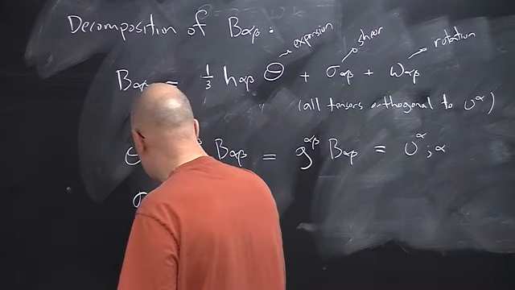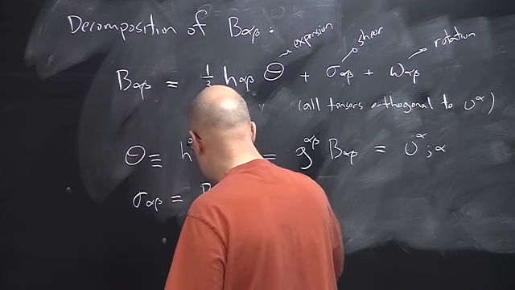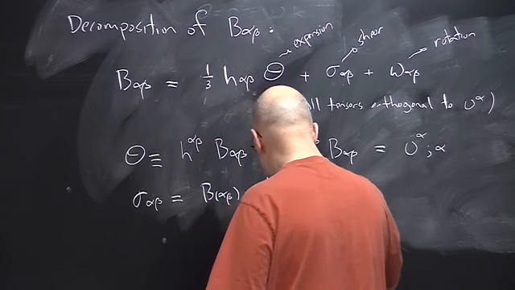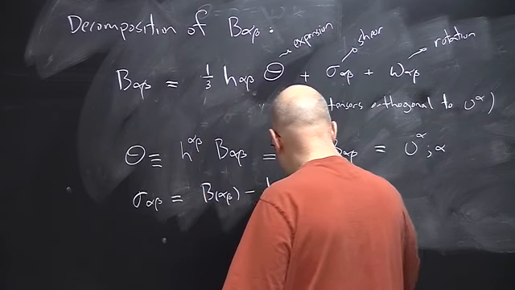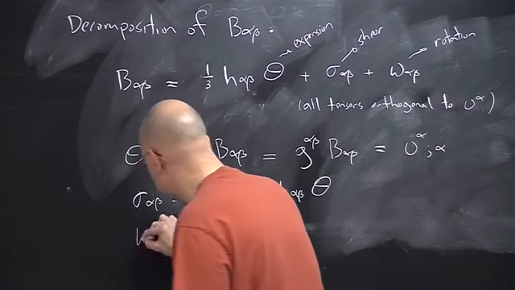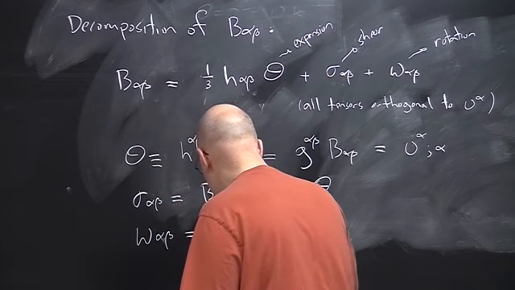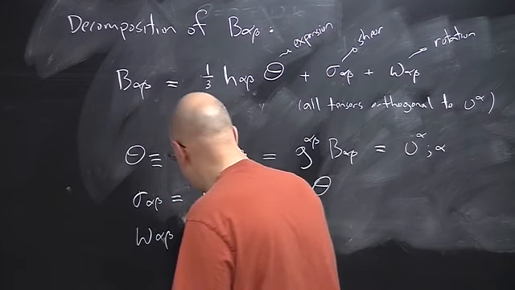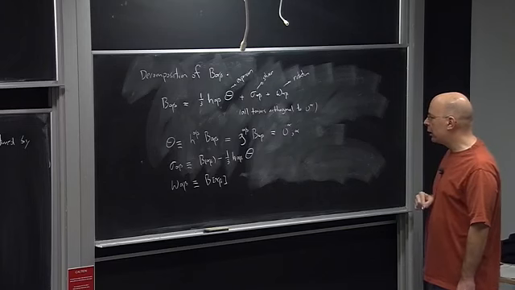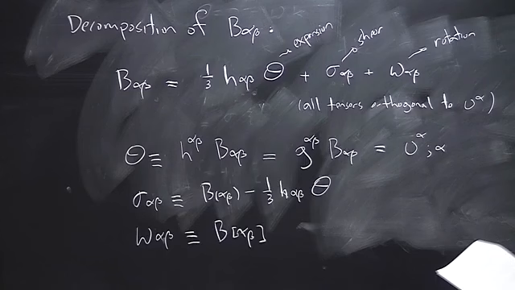Sigma is defined to be, well, the symmetric part of B alpha beta minus its trace piece. That's an H. And omega is defined to be the antisymmetric part of B. And when you put it all back together, with those definitions, well, you get this equation back.